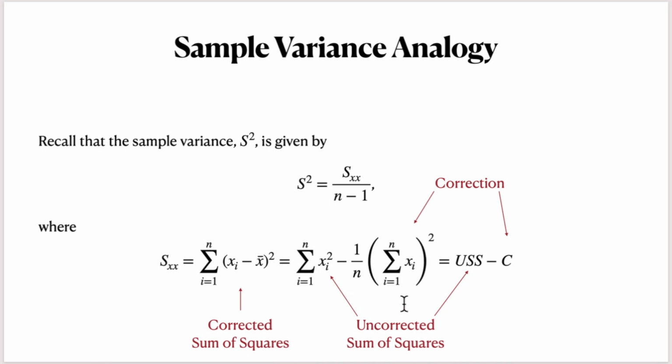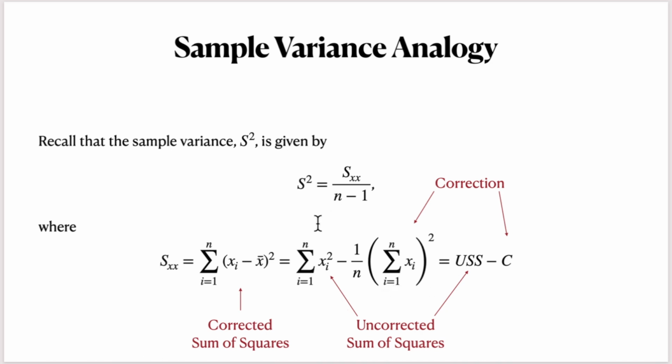All right. Now, the quantity that we subtract from the uncorrected sum of squares is called a correction factor. Okay? And so in this expression here, the correction factor would be 1 over n times the square of the sum of the x values.